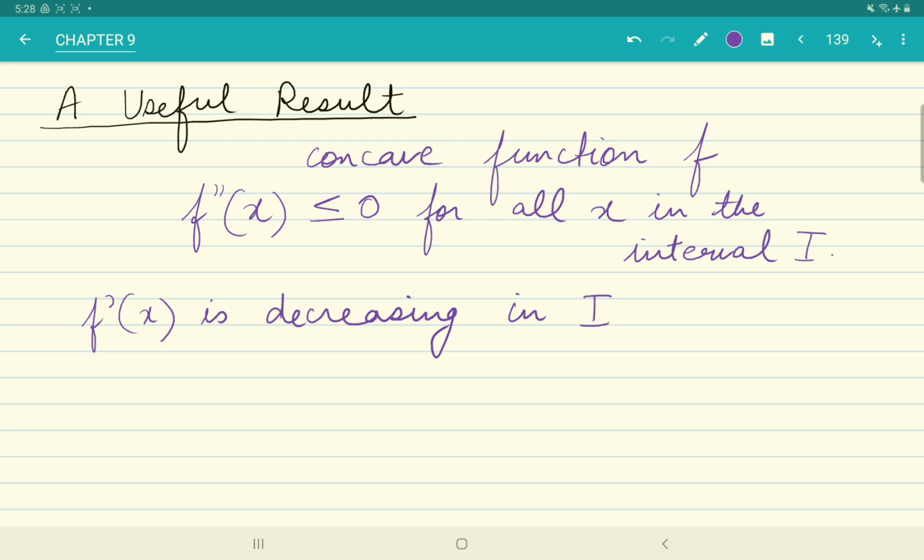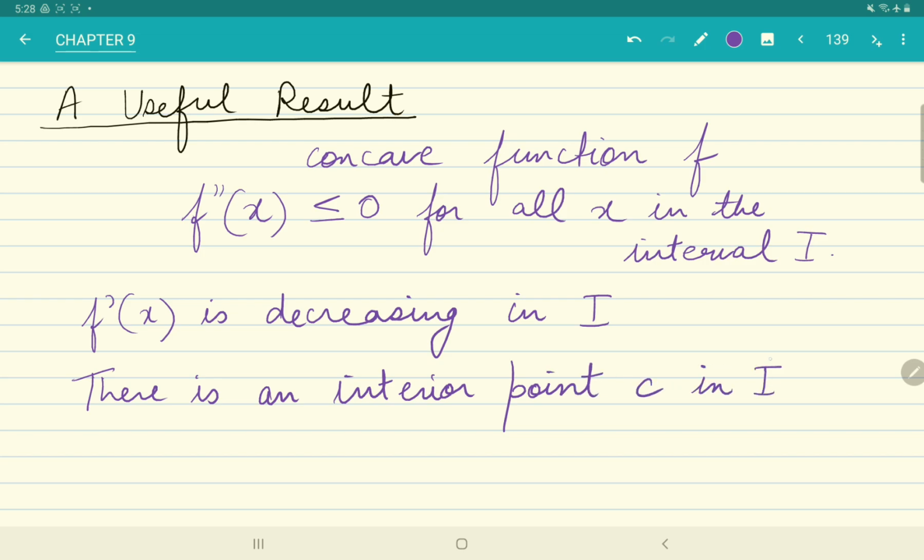Now let's suppose that there is an interior point C in I at which f prime C is equal to 0. Let me write that. There is an interior point C in I at which f prime C is equal to 0.